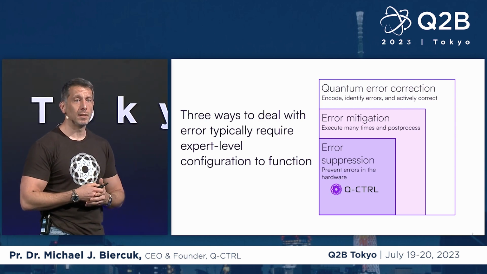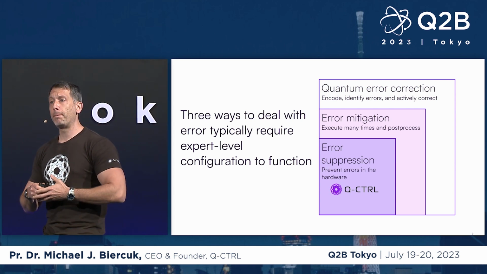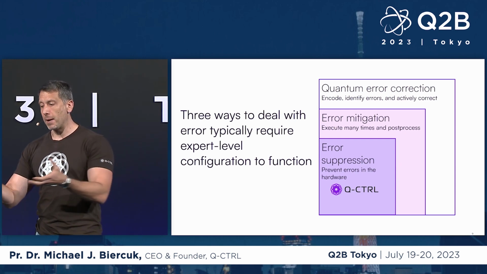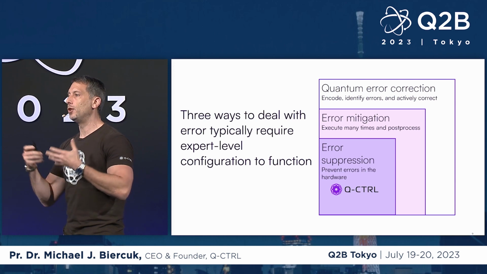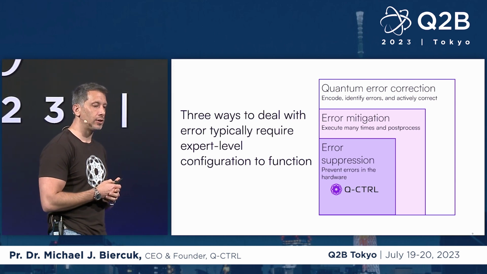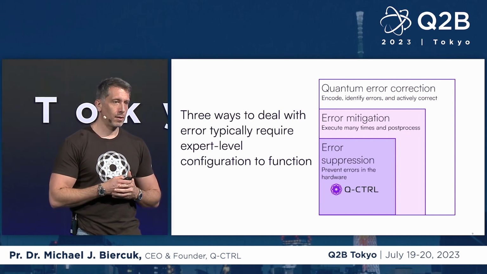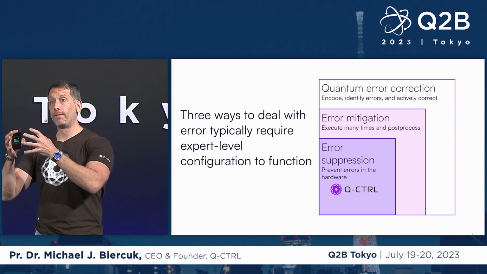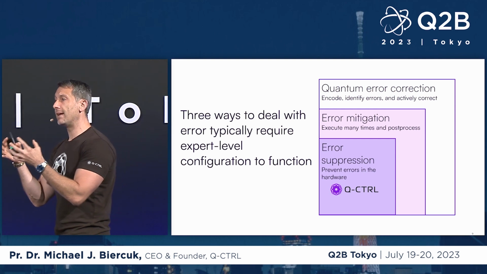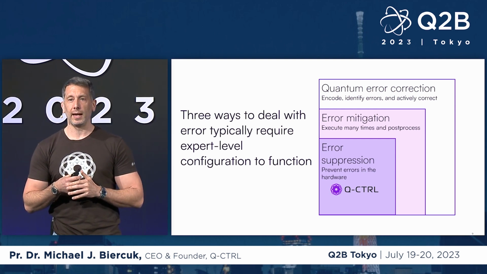In the near term, teams at IBM and elsewhere have pioneered something called error mitigation. This is post-processing. Run the algorithm many, many times, and then combine the answers in order to help see through the noise. There is a third way, and that third way is something that Q-CTRL specializes in. This is called error suppression, where we effectively build a force field around the individual quantum logic units, the qubits, in order to give them resilience against the sources of noise and error in reality.